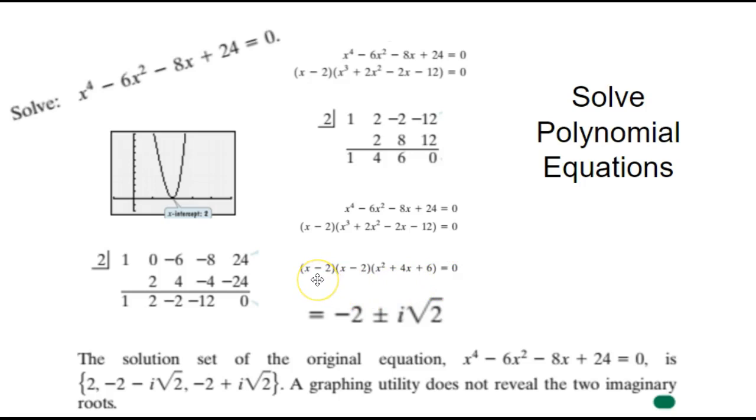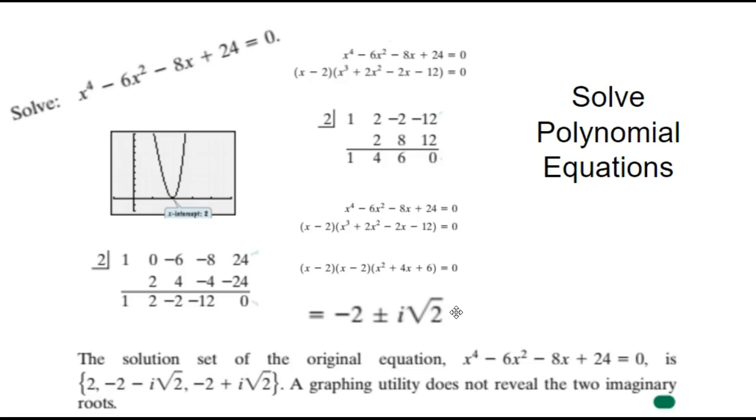So that means either x minus 2 equals 0, x minus 2 equals 0, which gives you the same solution, or x squared plus 4x plus 6 equals 0. So you'd have to use the quadratic formula to solve this part. I did not include that in this slide. However, when you do use the quadratic formula to solve that, you will get the answer to the left of the cursor, which is negative 2 plus or minus i root 2.